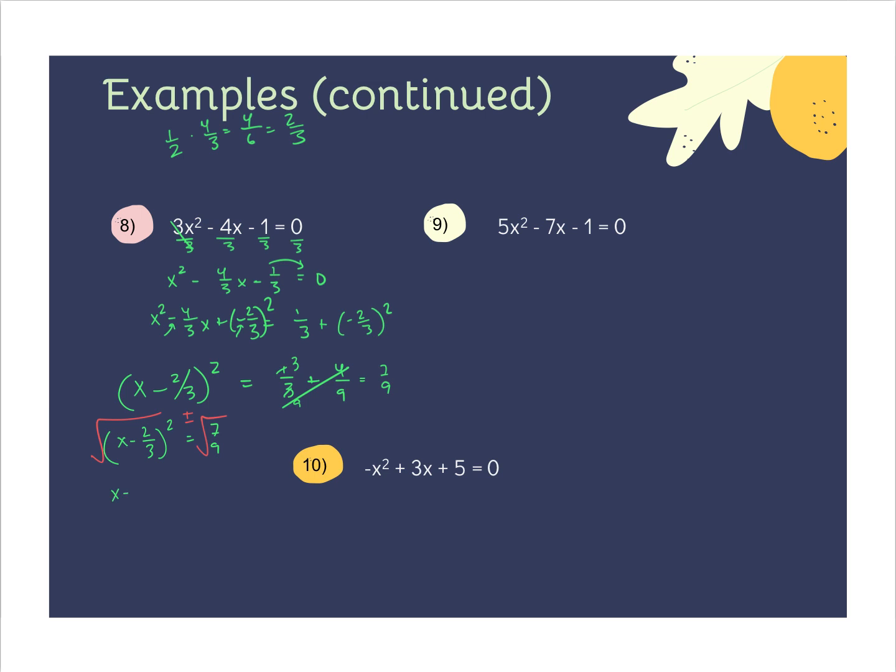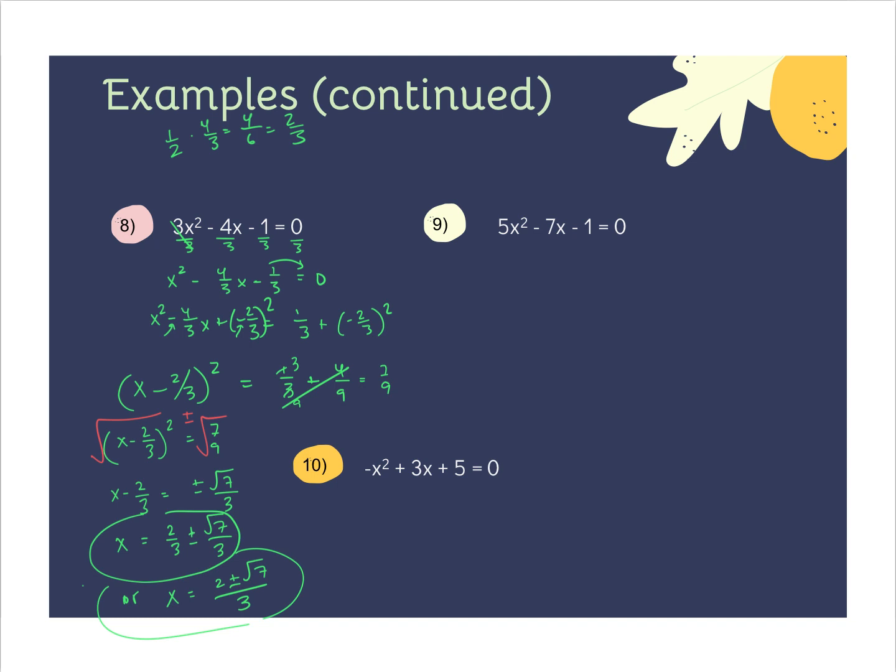I'm going to get x minus 2/3 equals plus minus square root of 7/3. And then I'm going to add 2/3 to both sides. So 2/3 plus or minus square root of 7/3, which is acceptable, or x equals 2 plus or minus radical 7 over 3. Same thing.